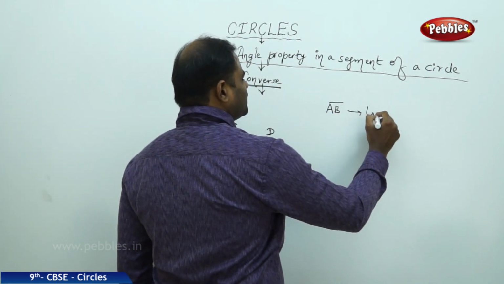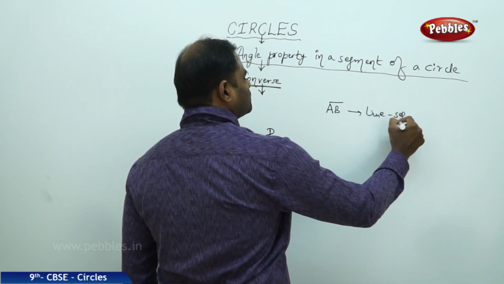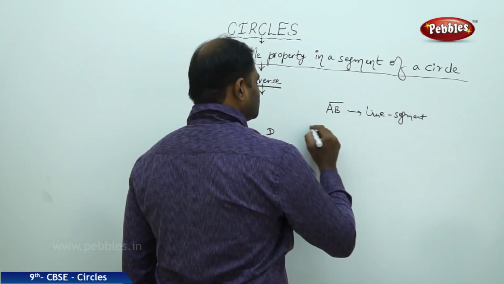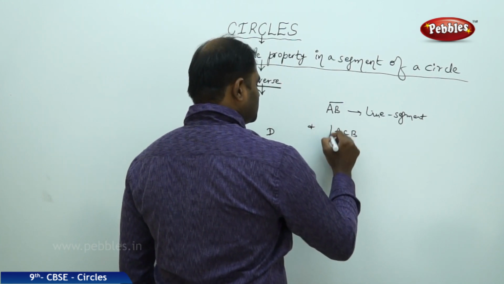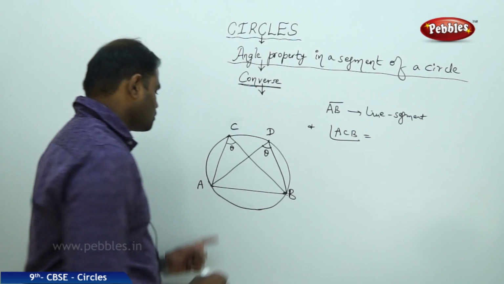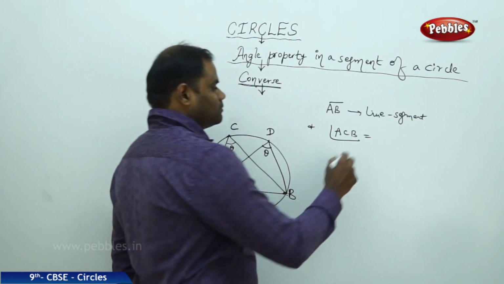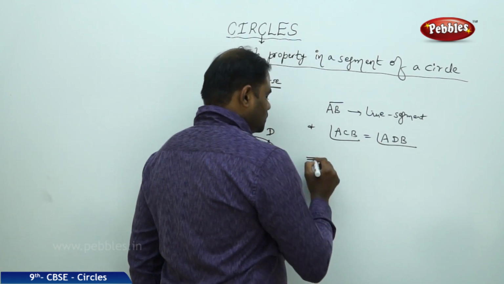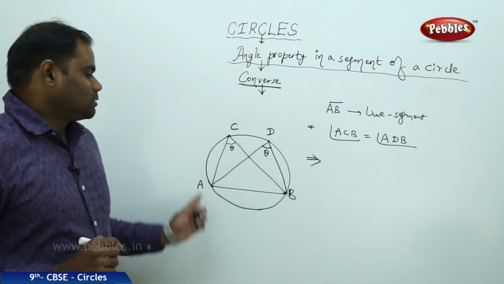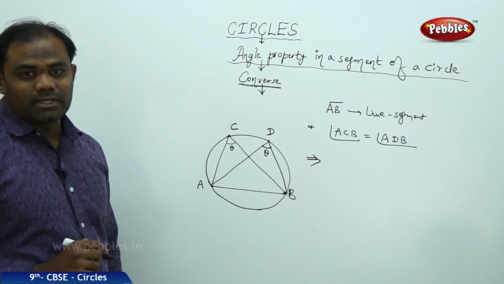If AB is the line segment and angle ACB is equal to angle ADB, that implies A, B, C, D are concyclic.